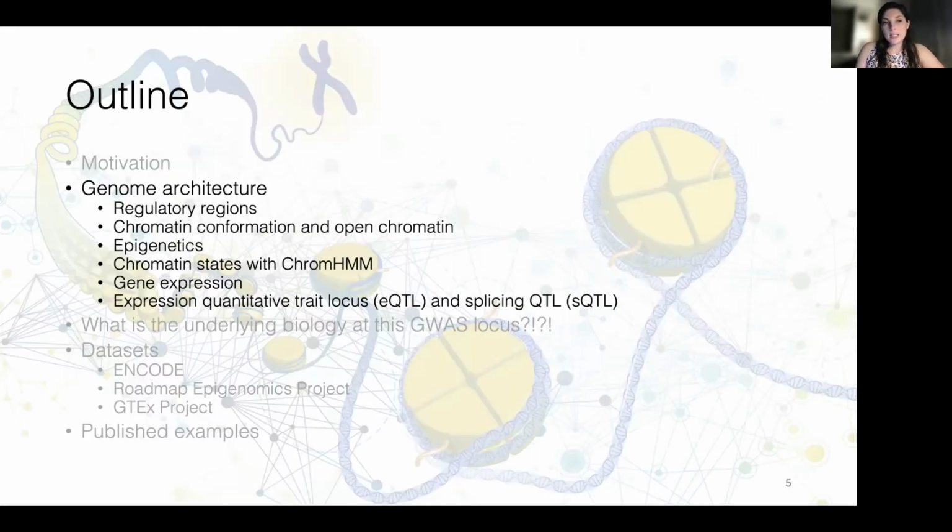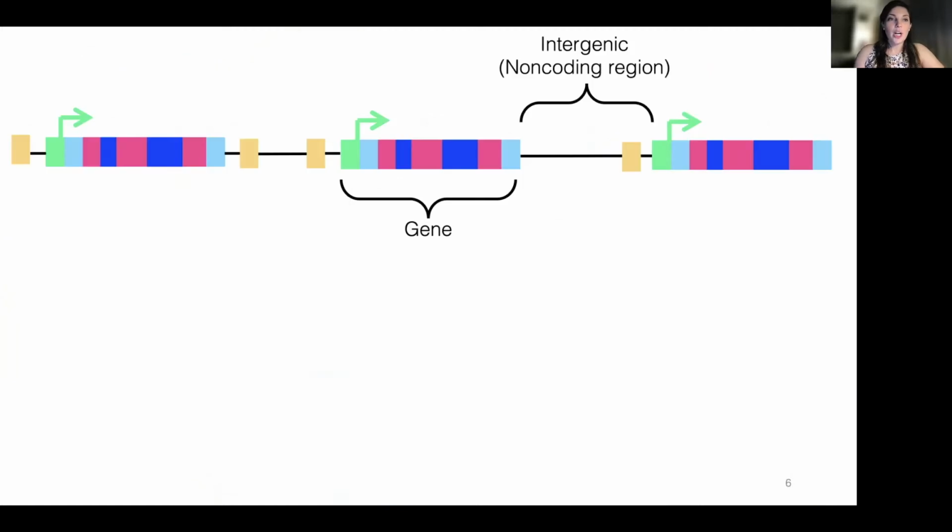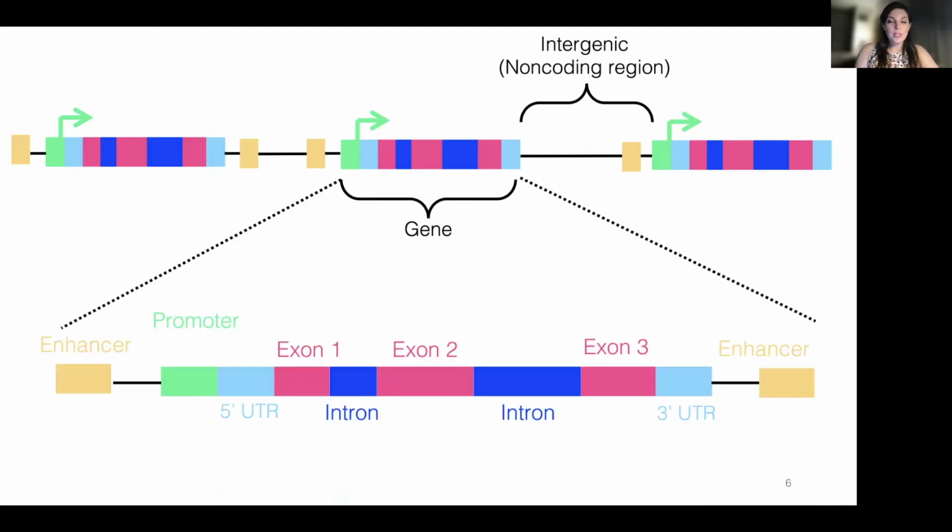So let's dig into some things about genome architecture. You may be aware that we think of the genome kind of linearly stretched out like this, and we think of gene regions, genic regions, and then intergenic regions, which are also non-coding regions. And so I've used these colored blocks to indicate different parts of the gene. So we have our enhancer, which is typically nearby a gene.